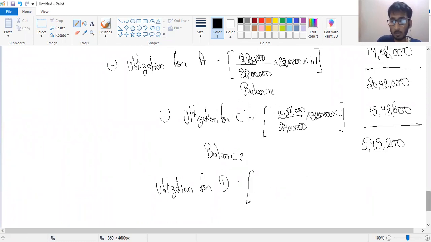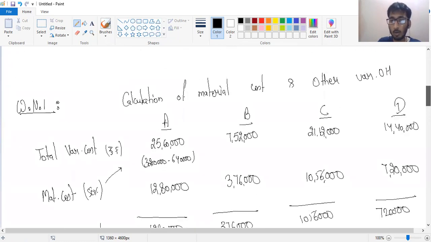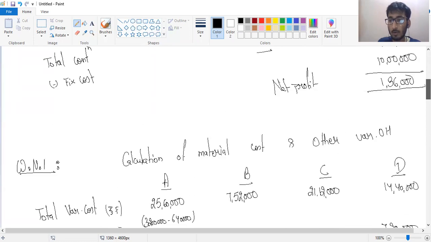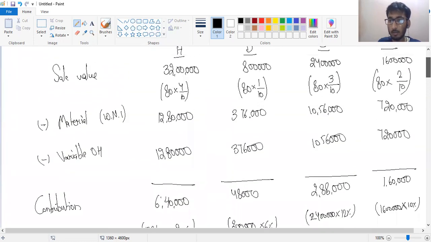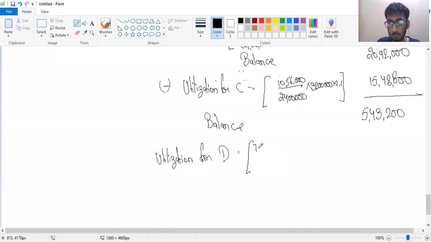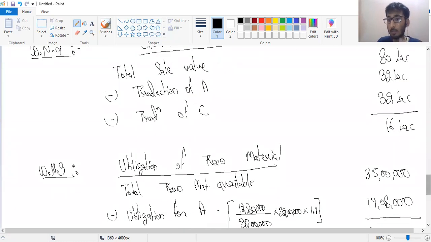Just see that last year the raw material cost was 720 and the sale was 16. 720 and 16. This year I can produce up to 16 lakh, maximum up to 16 lakh.